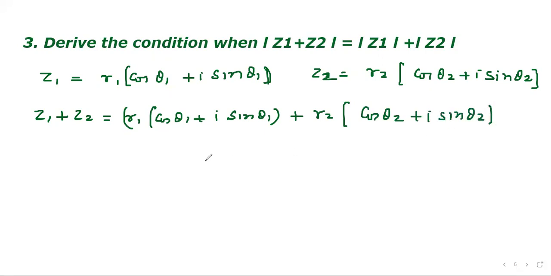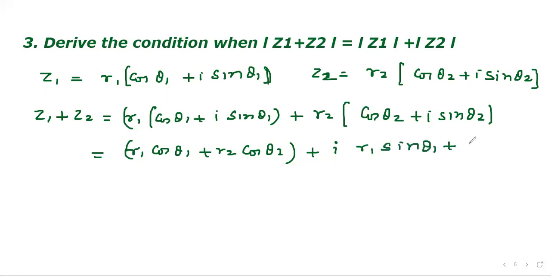We can write real and imaginary parts together. R1 cos theta 1 plus R2 cos theta 2 plus iota times R1 sin theta 1 plus R2 sin theta 2.